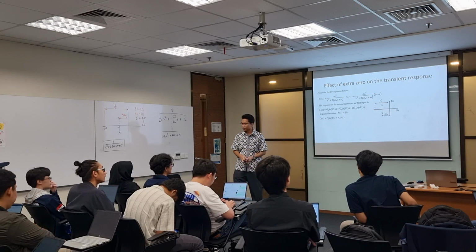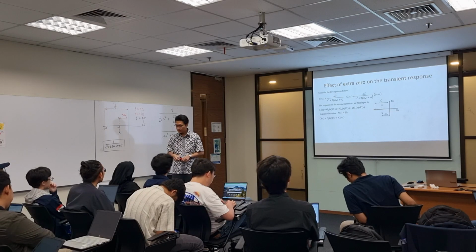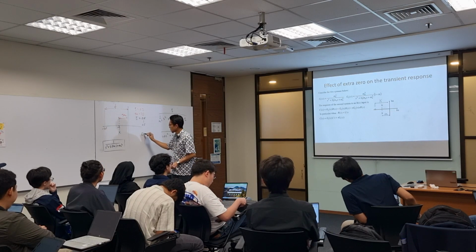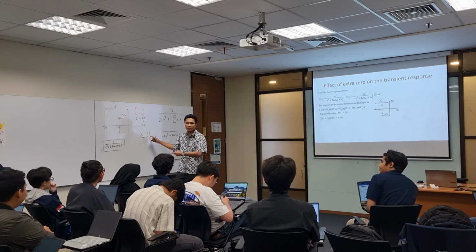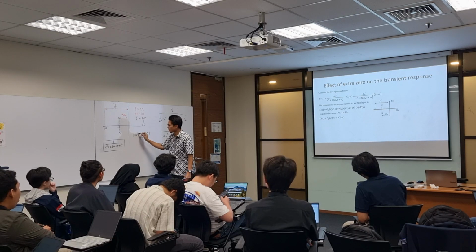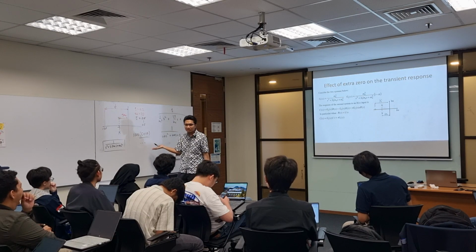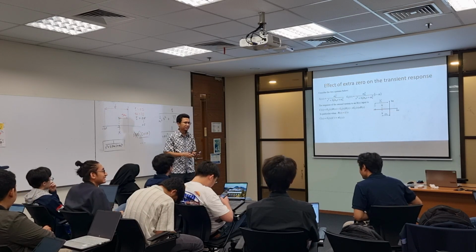For example, if we have a system S plus 10, what's the zero here? Negative 10. If I multiply with 1000, what's the zero? Still minus 10. It is not affected by this.